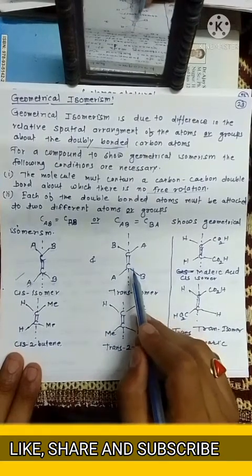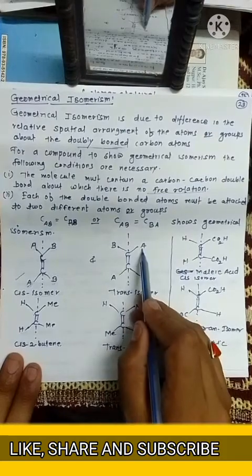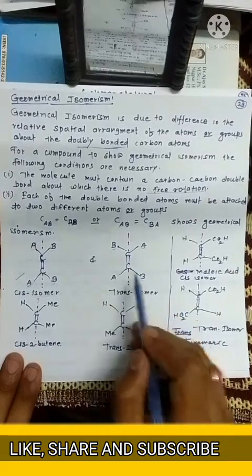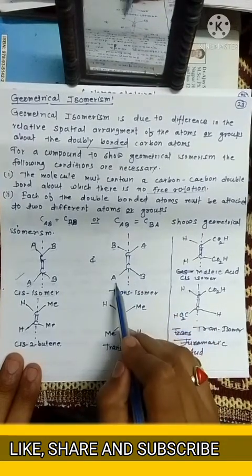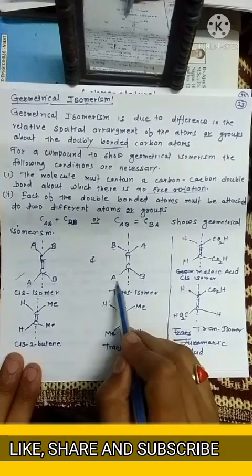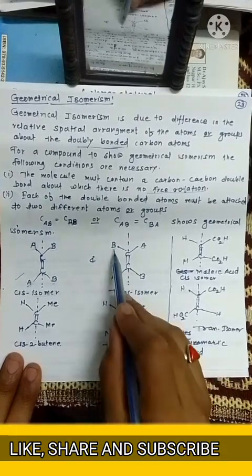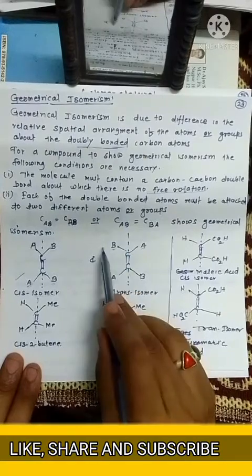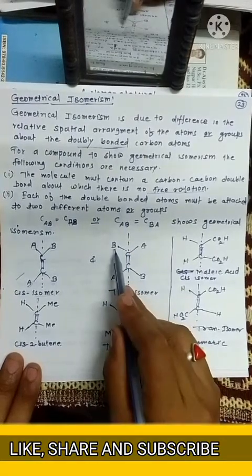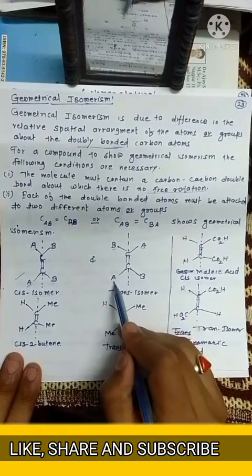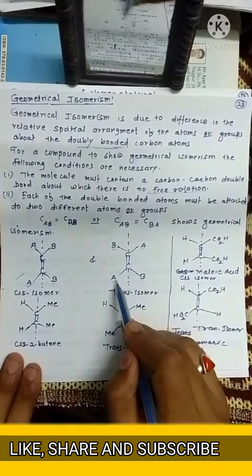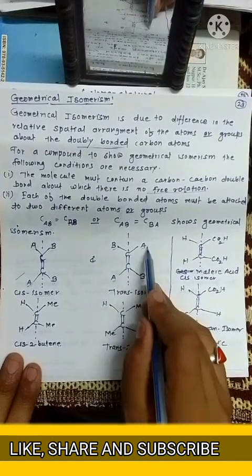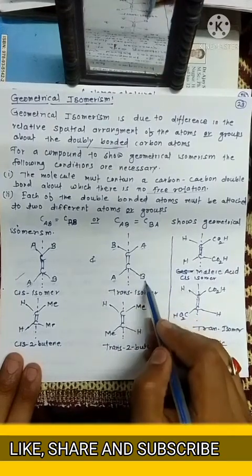Just see in this diagram, this carbon atom is attached to two different atoms which are denoted by suffix A and B. Similarly, this carbon atom is also attached to two different atoms which are also denoted with suffix A and B. In this case, if we see the left hand side plane, we have on the upper carbon atom suffix B, while the lower carbon atom has suffix A, and the same thing happens on the right hand side.